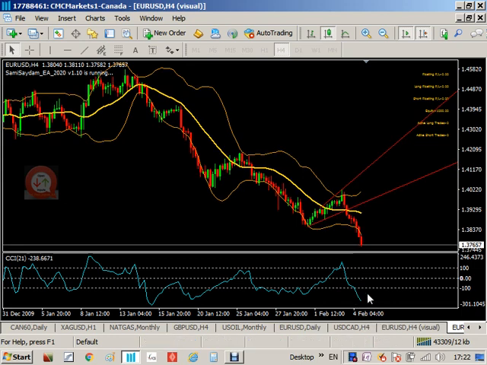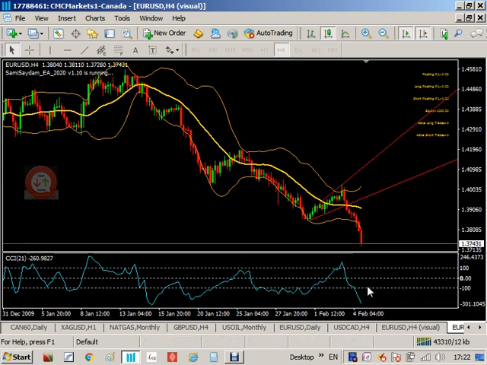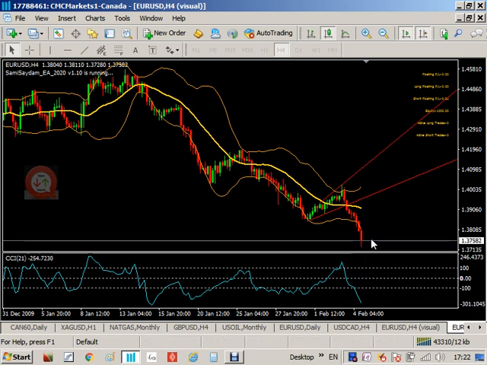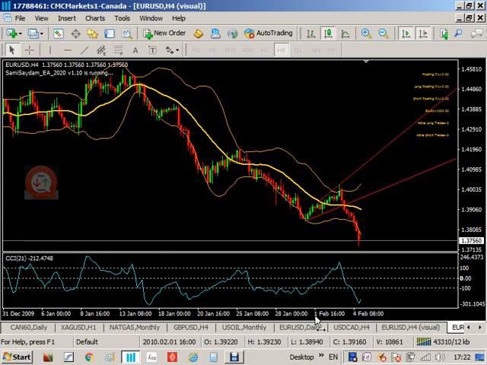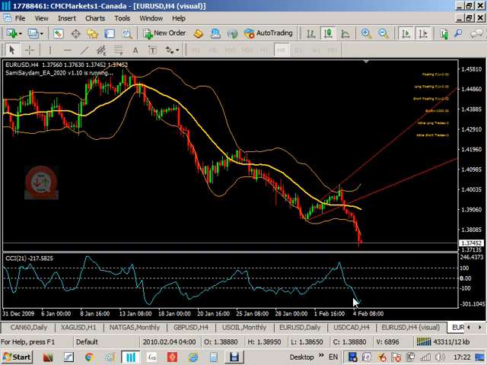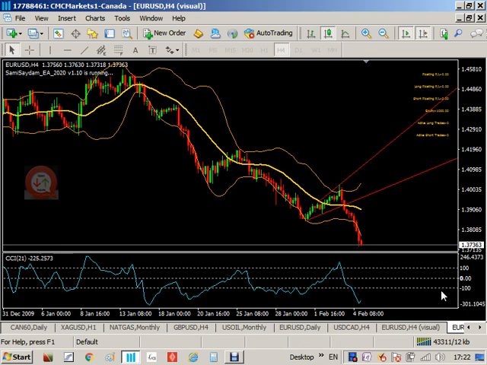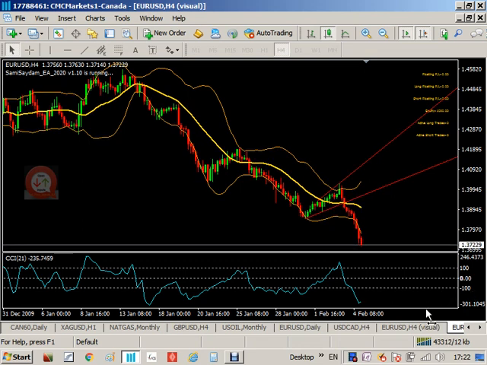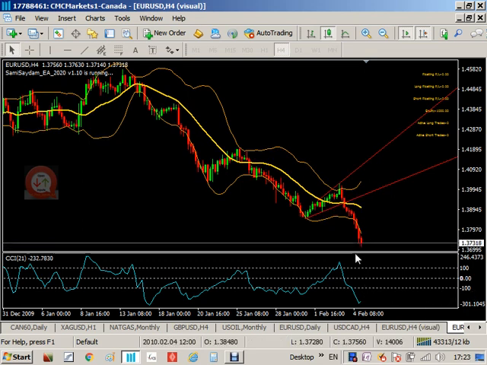The CCI line has to come back and jump. Of course, I can take my profit here, which is much better. But I need to see the CCI touching back again the -100, which is going down.